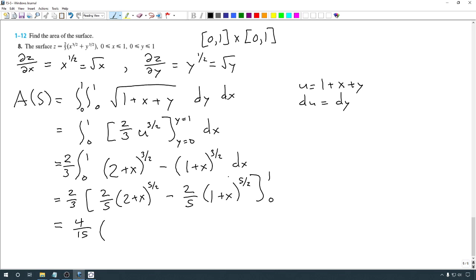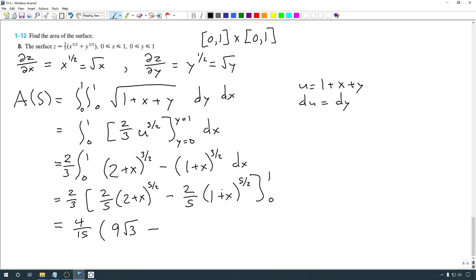On the inside, what happens when we plug in 1 here? We have 2 plus 1, so 3 to the 5 halves. Actually, I'm even going to go ahead and write this as, remember, 5 halves is 2.5. So really this is 3 squared times square root of 3. So we have a 9 root 3.